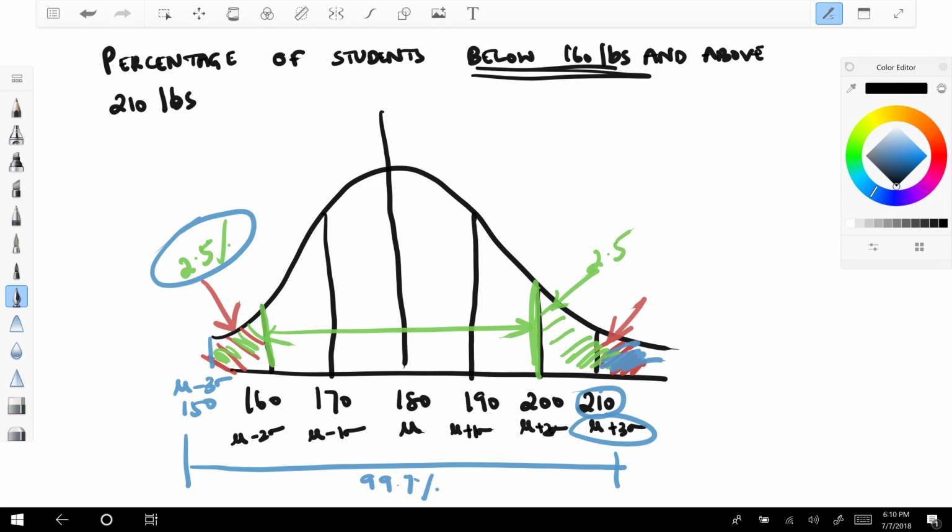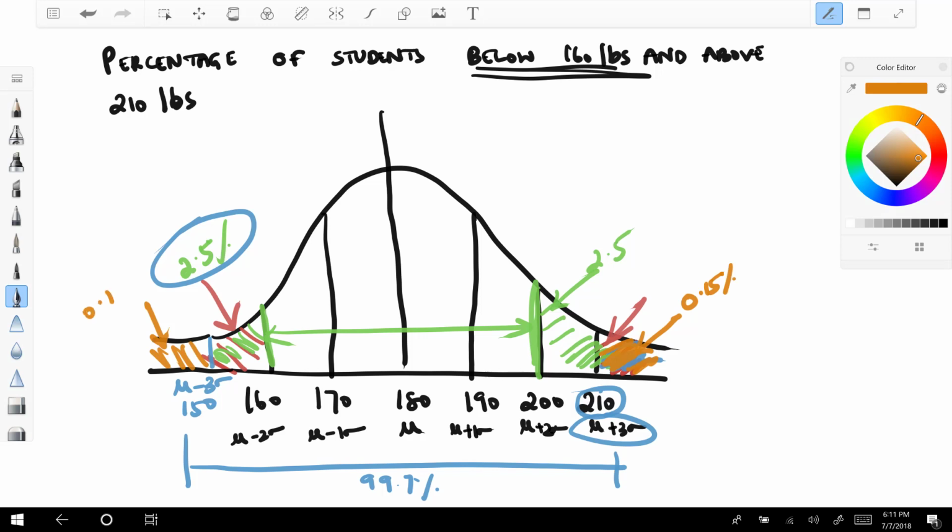So the remaining area, this and this, would be 0.3%. So half of it would be 0.15%. So this will be 0.15, this will be 0.15.